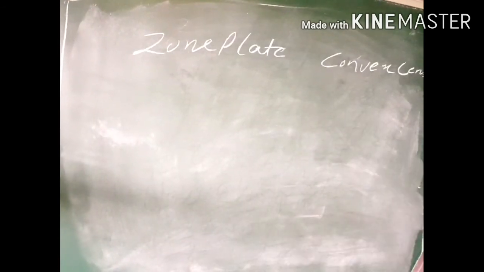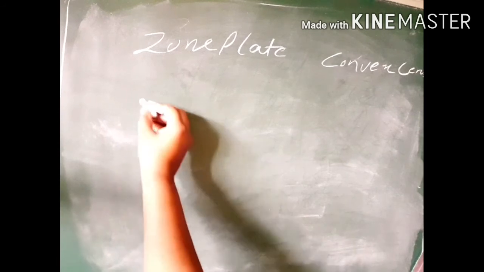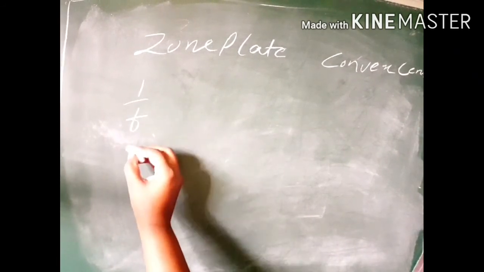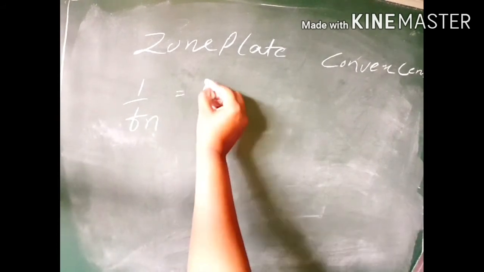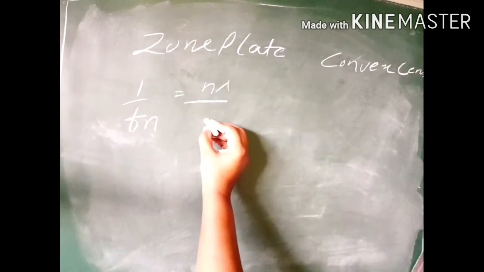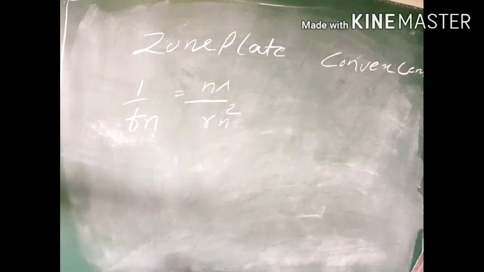So now what is the difference between zone plate and convex lens? In case of zone plate, we have the relation 1 by F, F is the focal length of nth half period zone, is equal to n lambda by Rn square. Okay, this is the focal length formula for the zone plate.